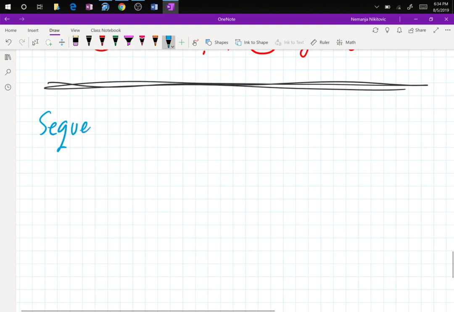The sequence a_n equals 1 over n is convergent because the limit of 1 over n as n goes to infinity is equal to 0. So if you are only talking about the sequence, that's 1, 1/2, 1/3, 1/4, and so on, then it's a convergent sequence.